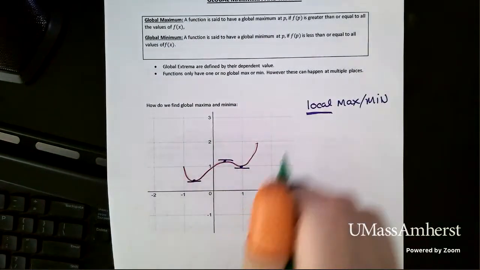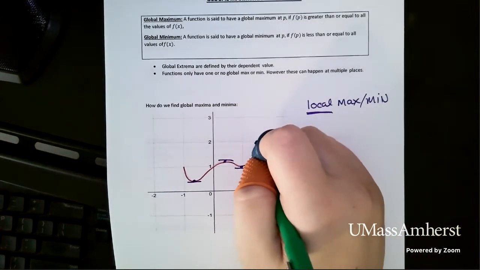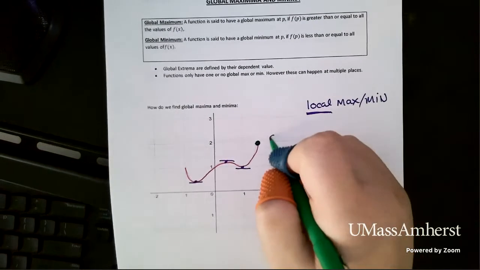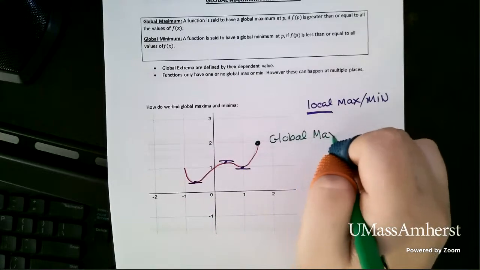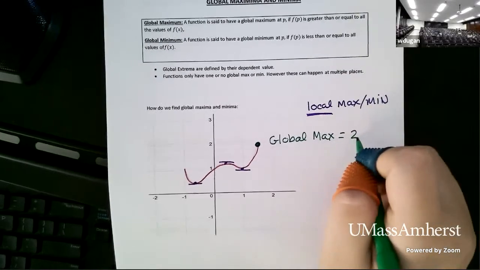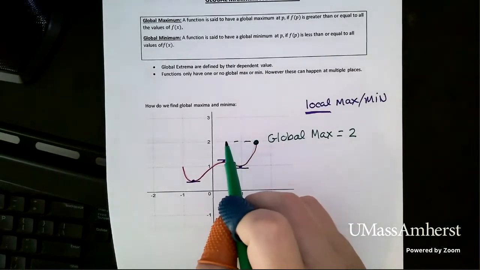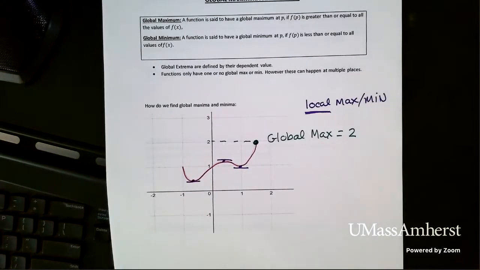So if we were looking for a global maximum on this picture, this is the one with the highest y value, okay? So the global maximum here is 2. Why is it 2? Because when we define a global maximum, we define it by the y value.